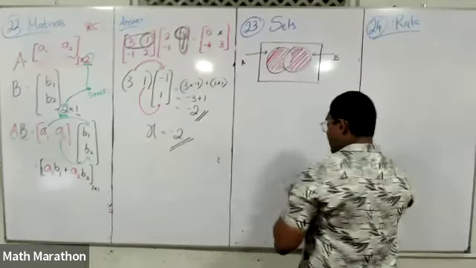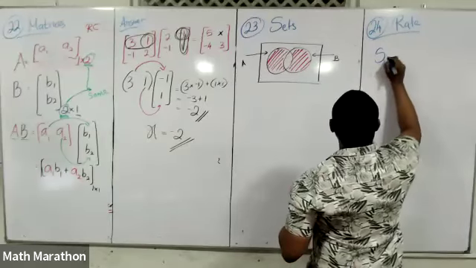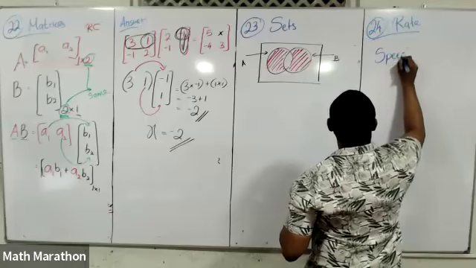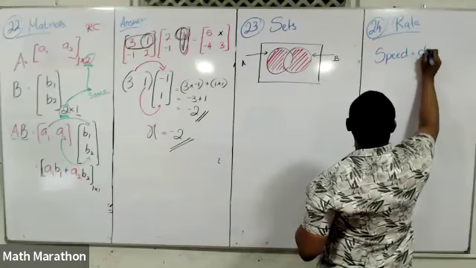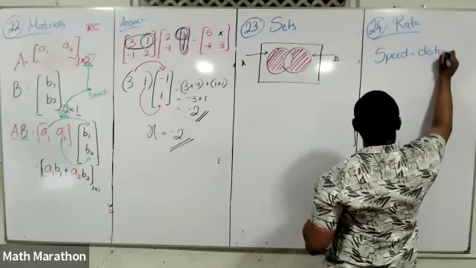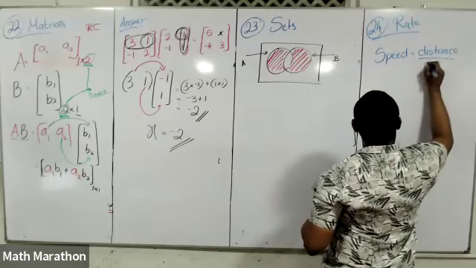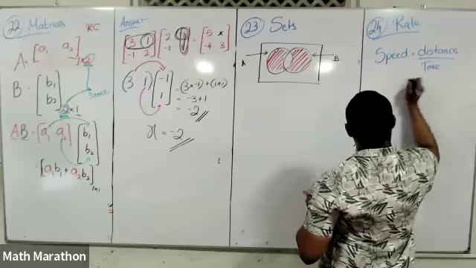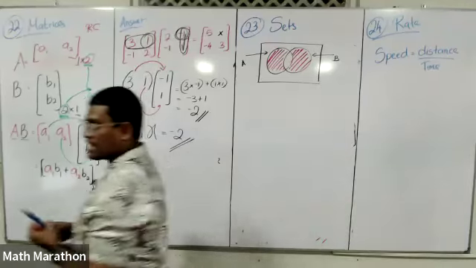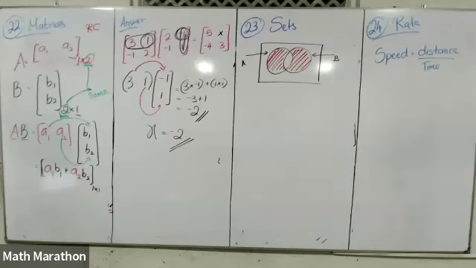Okay. Rate. Speed equals distance divided by time. So here what they are asking is, which part of the graph represents the motor vehicle traveling with the greater speed? Okay.